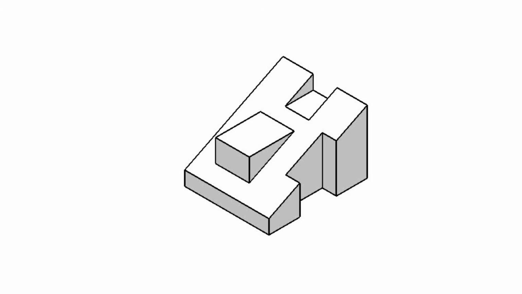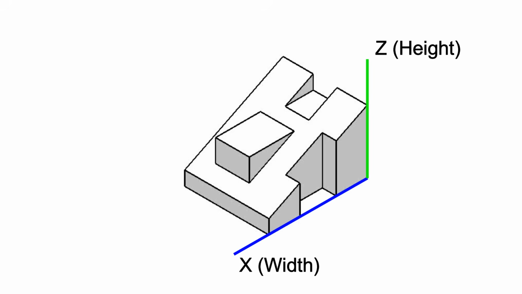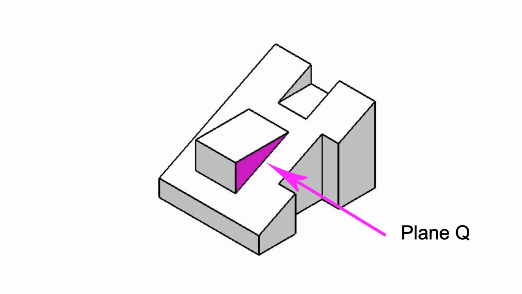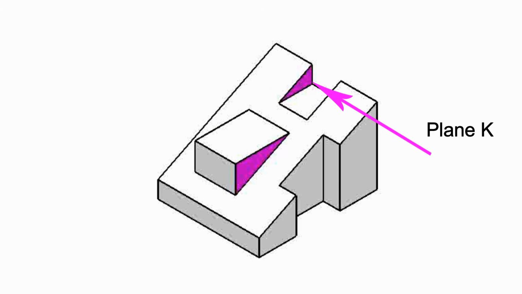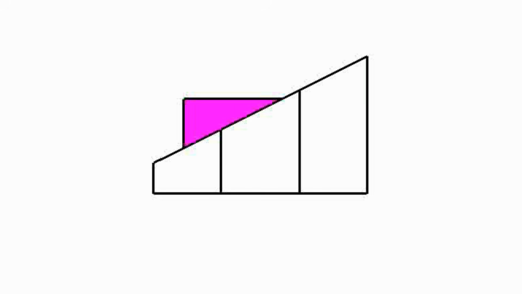Now let's check the other planes that use x and z axes. We find two more planes. Plane Q. This plane is fully visible from the front. No other surface blocks it. Plane K, this plane is also on the xz plane, but it is hidden behind another surface. Since both plane Q and plane K are on the xz plane, they should both appear in the front view.